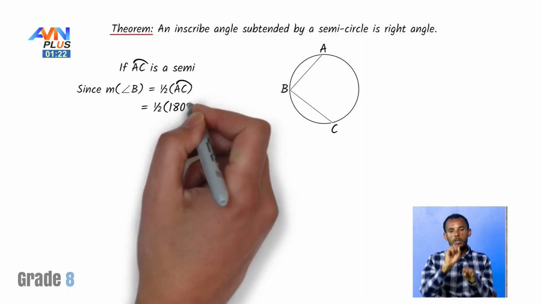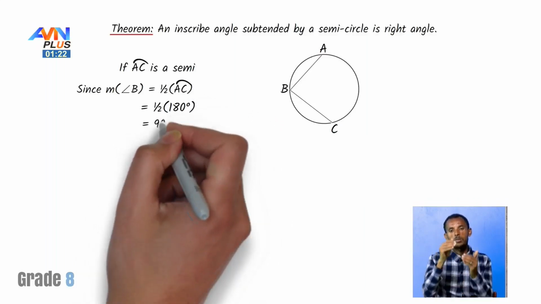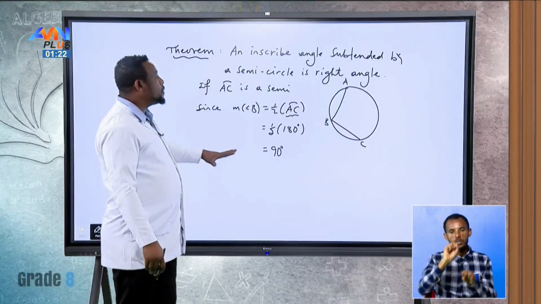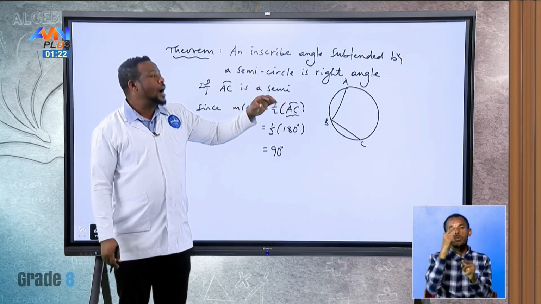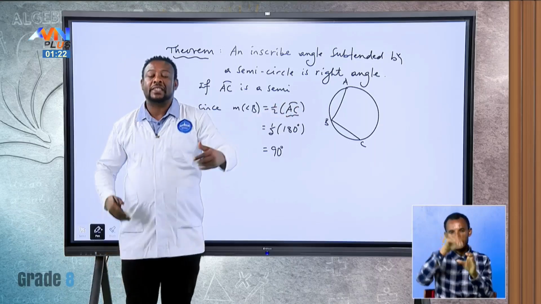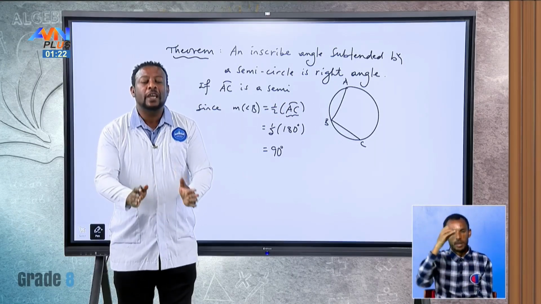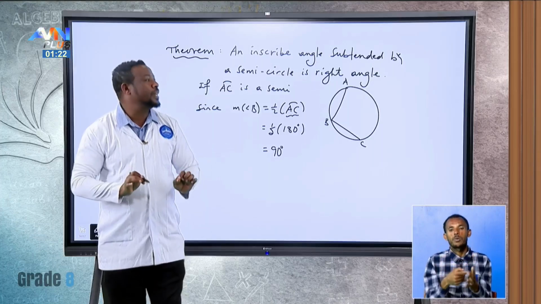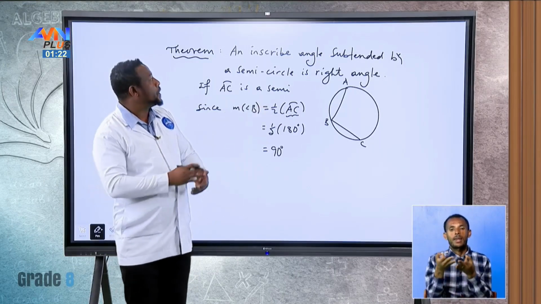So half of 180 degrees is 90 degrees, right? So this way you can prove that an angle inscribed in a semicircle is 90 degrees, right? So let me show you a simple example to explain this theorem, right?